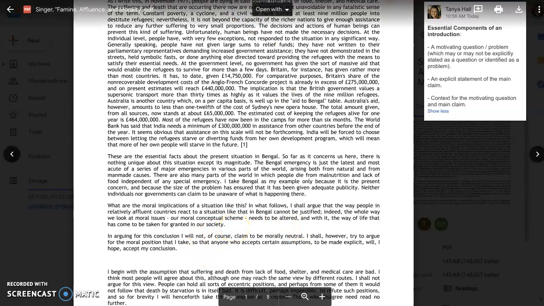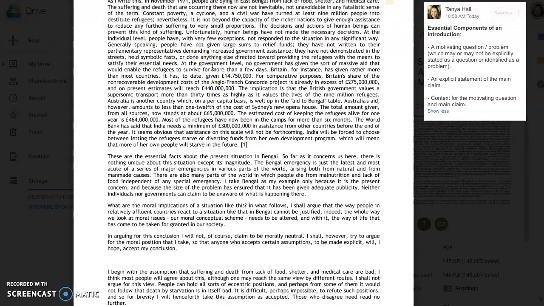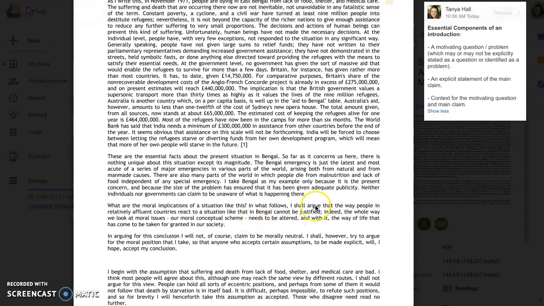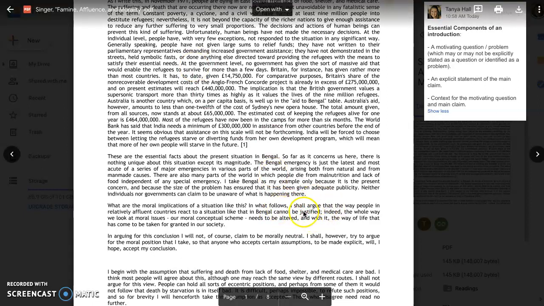So, we were predicting in the first paragraph that the point would be there's a problem and maybe the main claim will be a solution or something we should do. Well, there seems to be sort of a two-part main claim here. And one is not just about what we should do, but about a moral claim about what we are and are not doing. It's "cannot be justified." So doing nothing can't be justified.